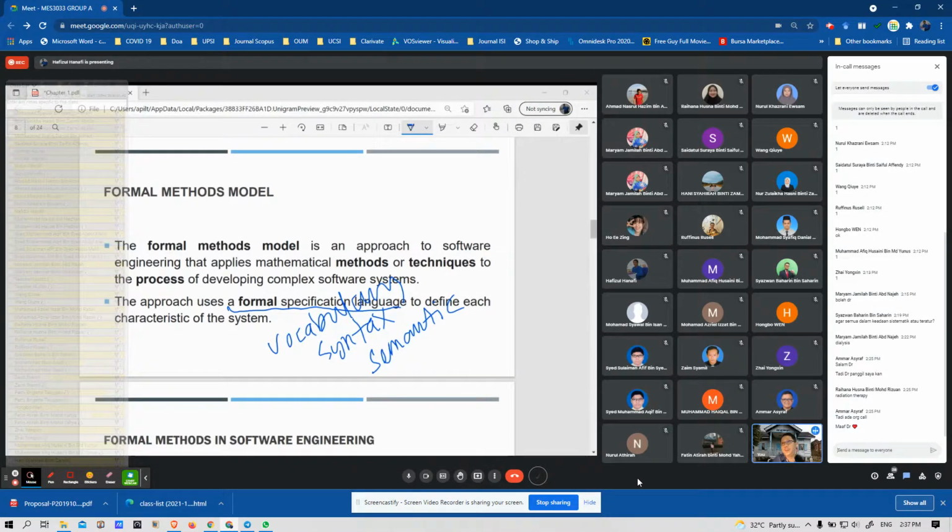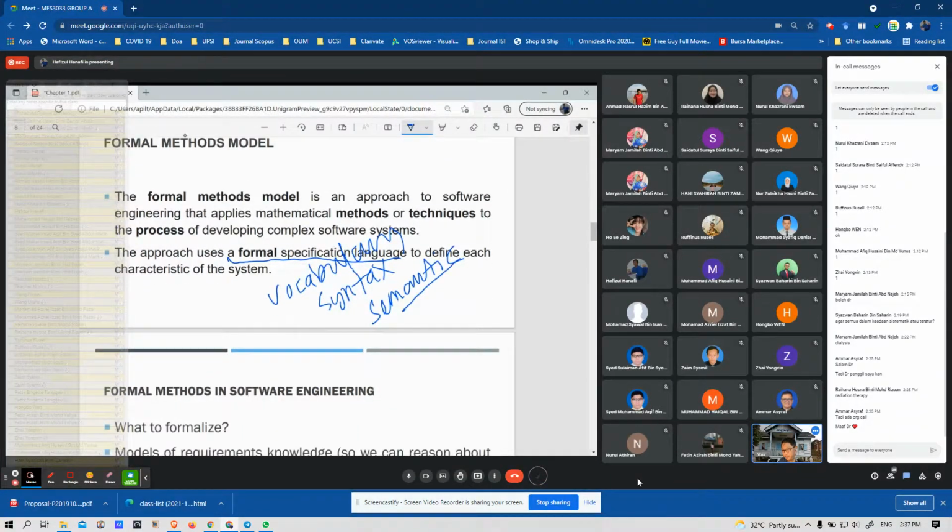For example, if we go for the engineering, we are looking for the engineering semantic or logic for the engineering. This one is based on the logic inferences, semantic. Okay, this one semantic is based on the logic inferences.